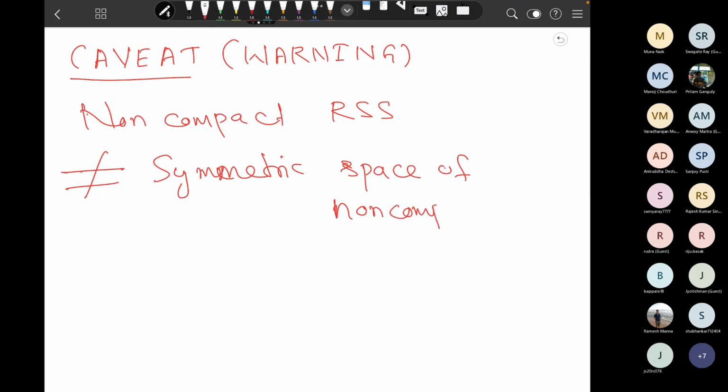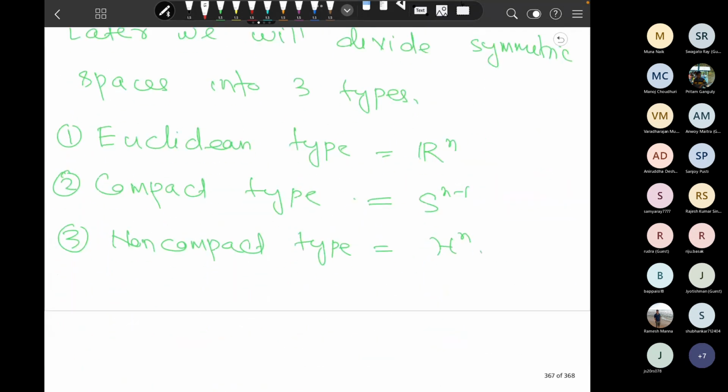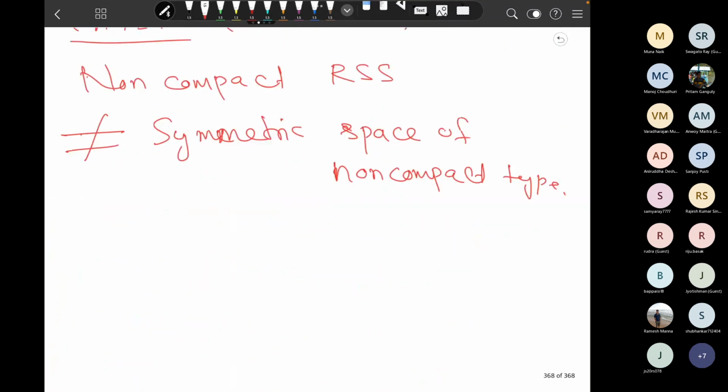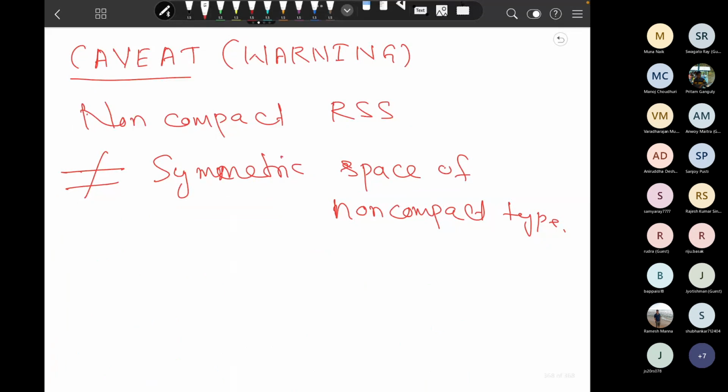For instance, R^n is not one, so a symmetric space of non-compact type is different from a non-compact symmetric space. Similarly, a symmetric space of compact type actually becomes a compact symmetric space, as you will see. But for the moment, since I have not proved that theorem, a compact symmetric space should also be taken as different from a symmetric space of compact type.